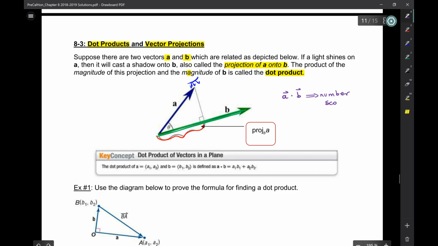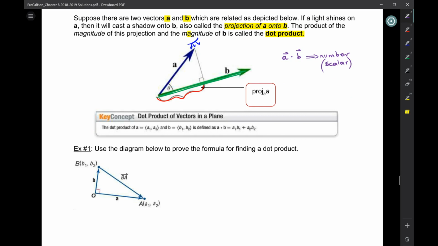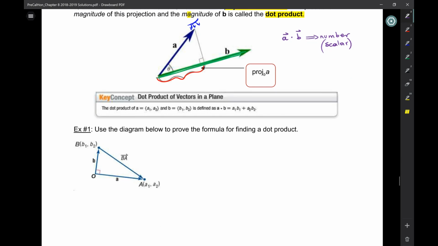Okay, so the way it's done, A dot B, how do you multiply vectors? How do you do A dot B? If vector A has components A1, A2, and vector B has components B1, B2, then the way you do it is A1 times B1 plus A2 times B2.